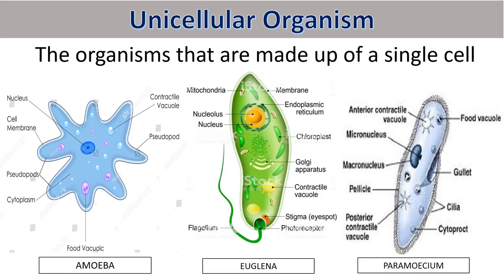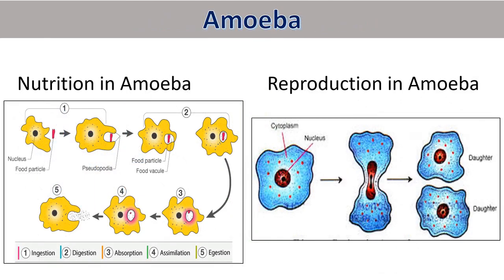There are a few examples of unicellular organisms. They are amoeba, euglena, and paramecium. The unicellular organisms have a single cell to carry out all the life processes, such as ingestion, digestion, absorption, assimilation, breathing, exchange of gases, locomotion, and reproduction.